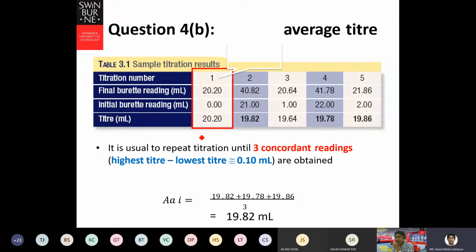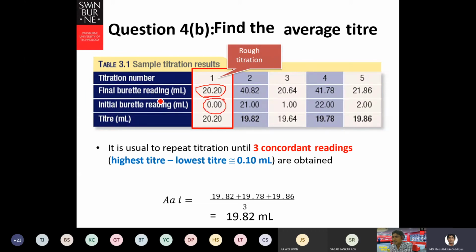So this is the titration result from this average thing. Here we used 5 different trials, 1, 2, 3, 4, 5, just like your first experiment. The final burette reading was 20.20, and initially we started with 0.